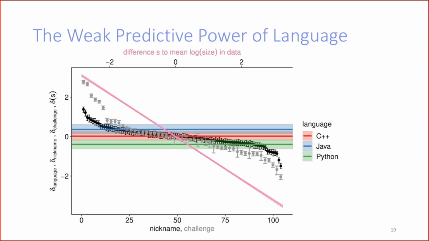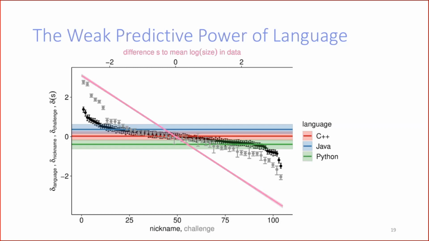These three color bands correspond to the three programming languages. It means that in our data set, if we go from the best programming language to the worst programming language, at most we can change something like a unit on this scale, roughly.